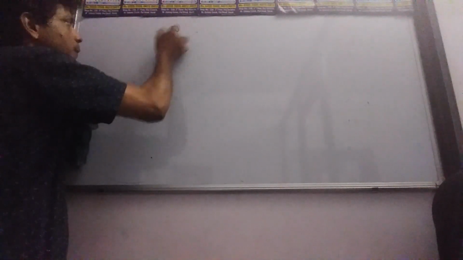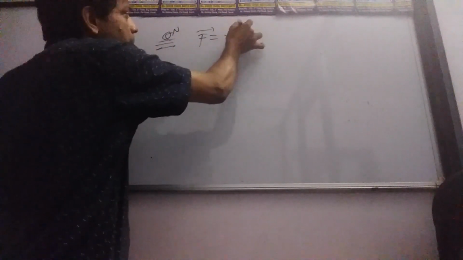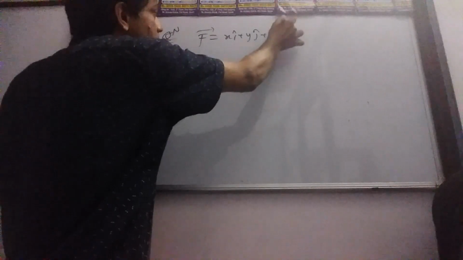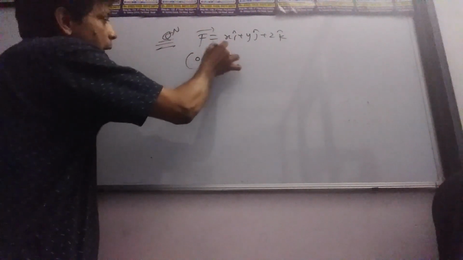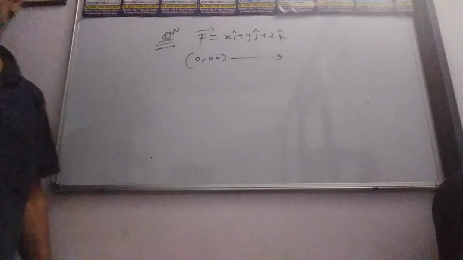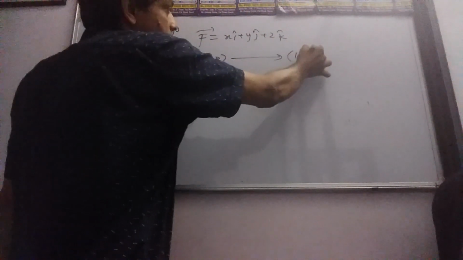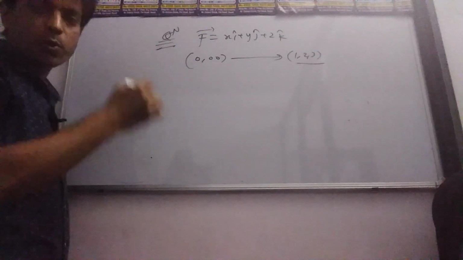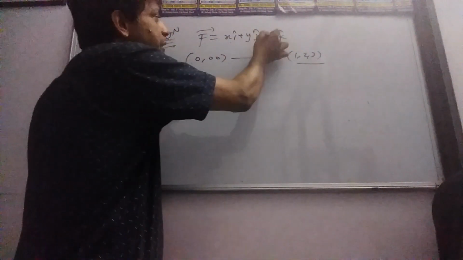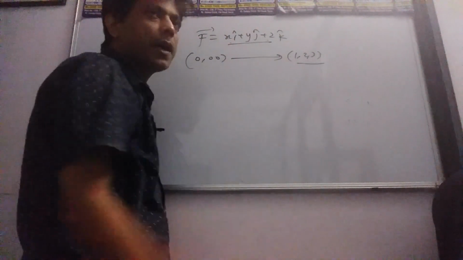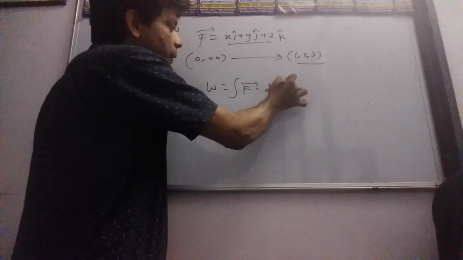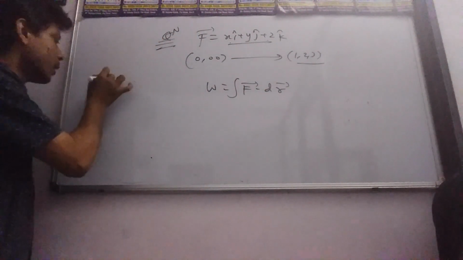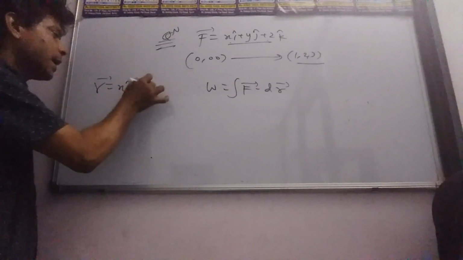Question. F is equal to xi cap, yj cap, zk cap. This force is acting on a body and the body is displacing from 0, 0, 0 to 1, 2, 3. Already I have told you, whenever the force is in terms of x, y, z, it is nothing but the vector r. Then use W is equal to F dot dr, because you know that r is equal to xi cap, yj cap, zk cap.